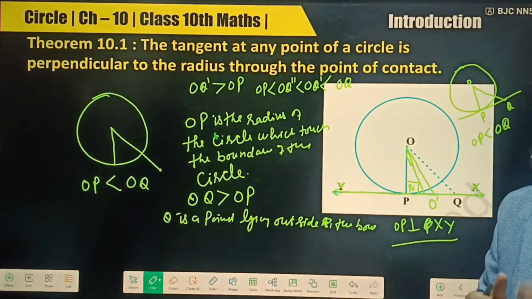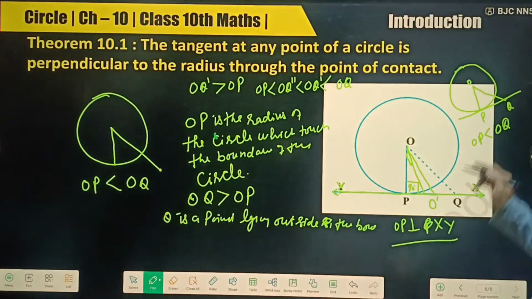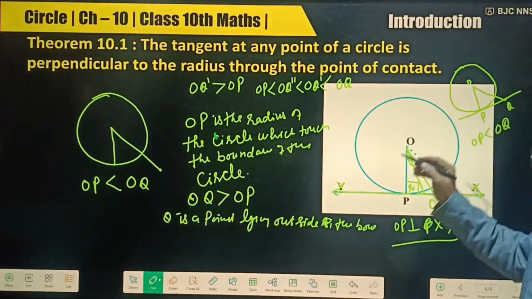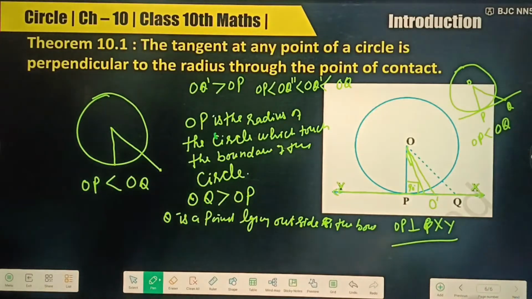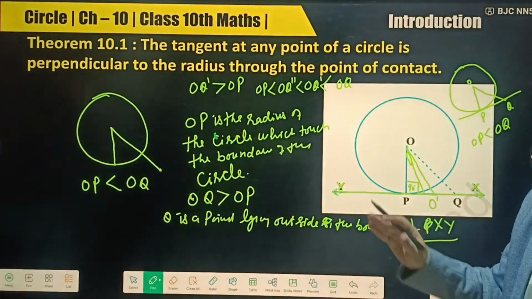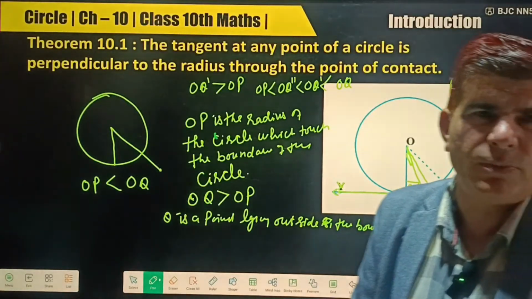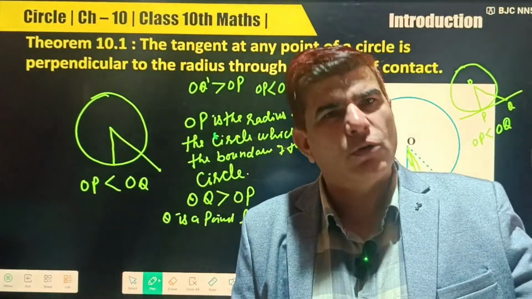Why? Point P is lying on the boundary, and this is a tangent. It touches the circle at only one point. Other than this, there is no point which touches the boundary of the circle. If it is not touching the boundary, it means it lies outside the boundary of the circle.